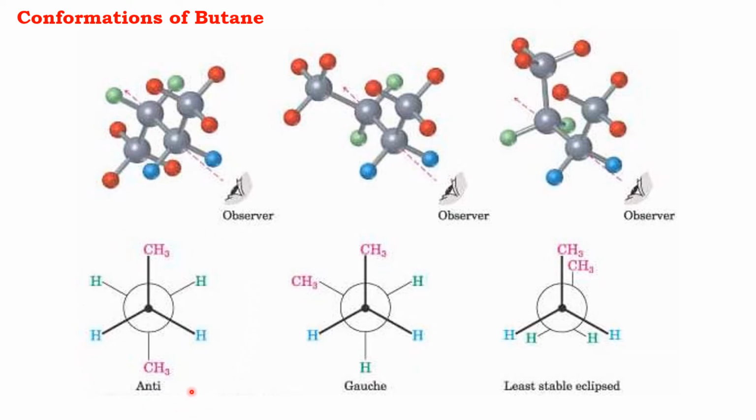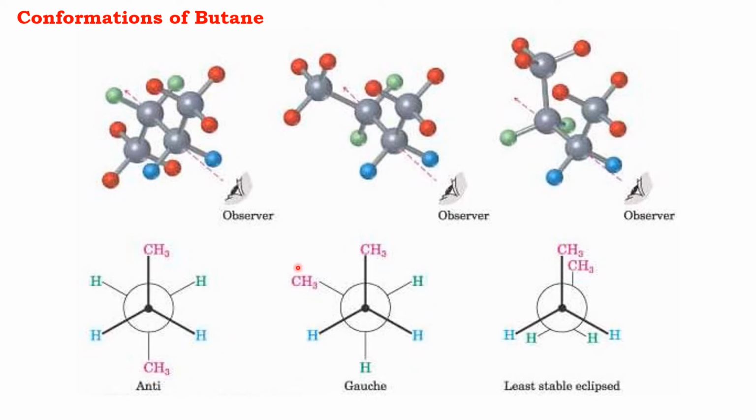So in the anti-conformation, the CH3 groups, which are the bulky groups, are exactly opposite to each other, or exactly opposite across the plane of the C2-C3 carbon-carbon single bond. Hence, this is the most stable conformation, that is the anti-conformation.